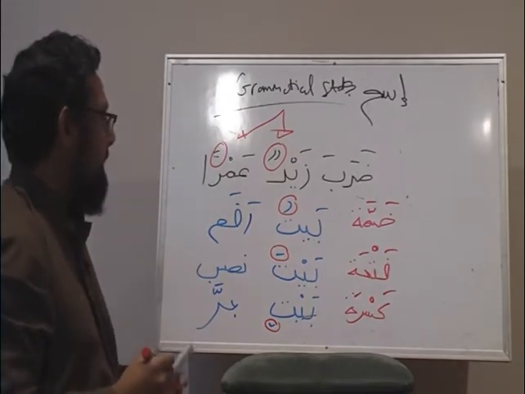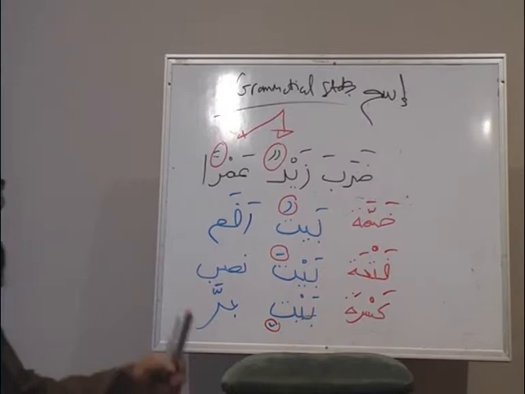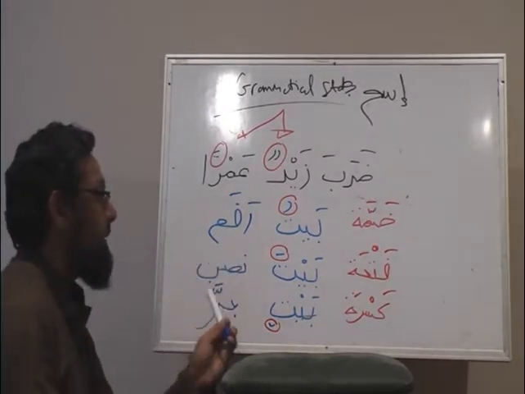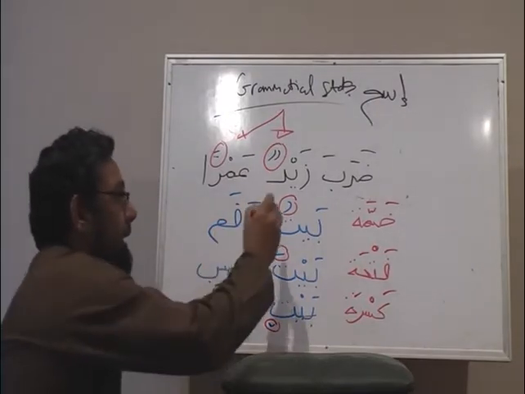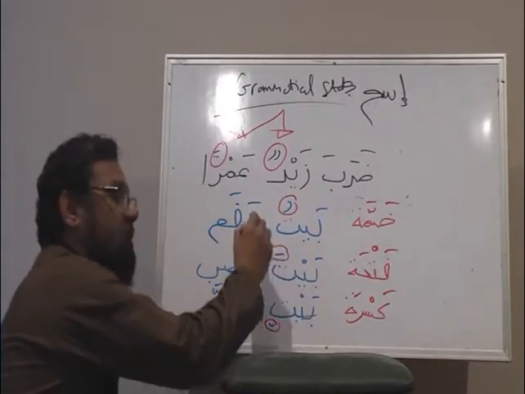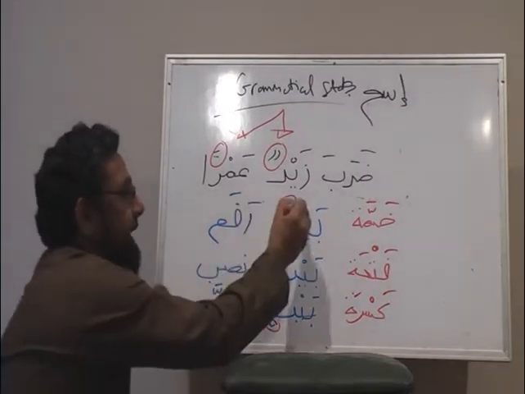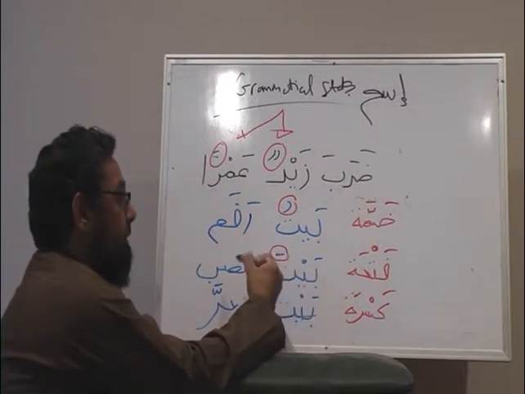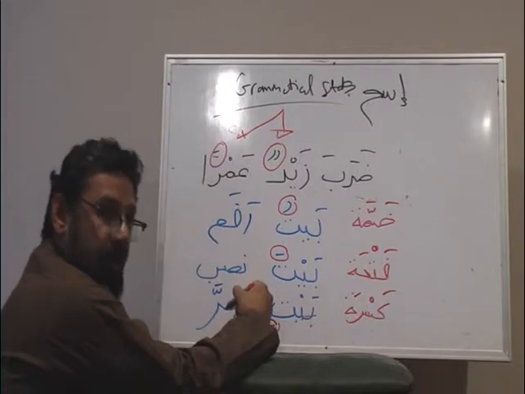Okay? So what you see here is that the grammatical state is called rafa, nasab and jar, and it is expressed in most cases as a dhamma for rafa, or should I say reflected. They use the grammatical reflection. Okay, so it's reflected as a dhamma for rafa, it is reflected as a fatha for nasab, and it is reflected as a kasra for jar.